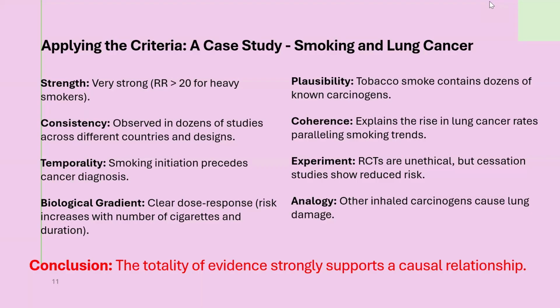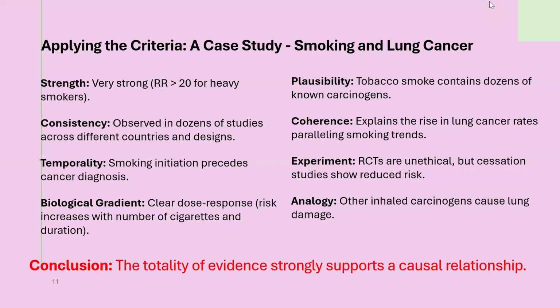Experiments, so randomized controlled trials, even though they are unethical, but cessation studies show a reduced risk. So people that have stopped smoking, we've seen that there's reduced risk of developing lung cancer.